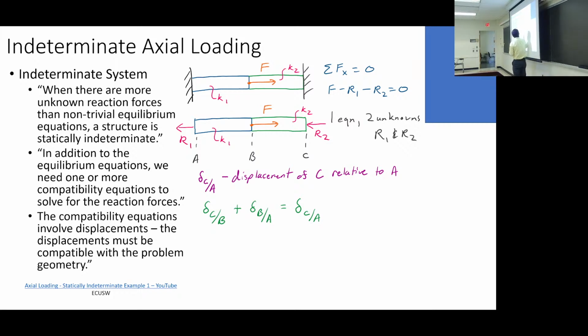We have C relative to B. Even if I remove all these wall constraints, I have a delta B relative to A. Let's say B moves relative to A to the right, and then C moves relative to B to the right. That would be the easy case. Then that moving to the right plus that moving to the right is going to be equal to C moving relative to A. Correct? Pretty straightforward.